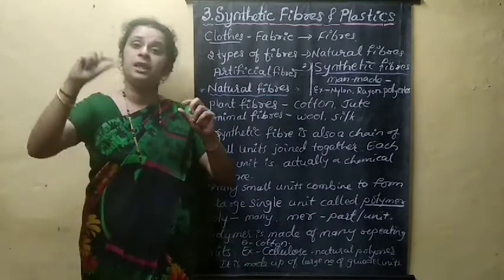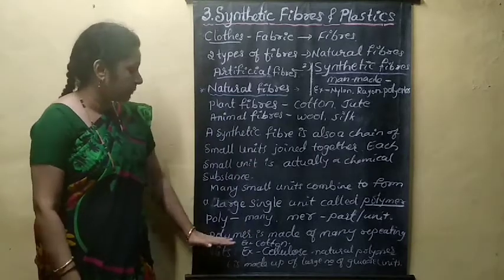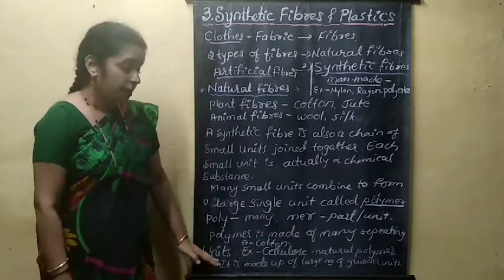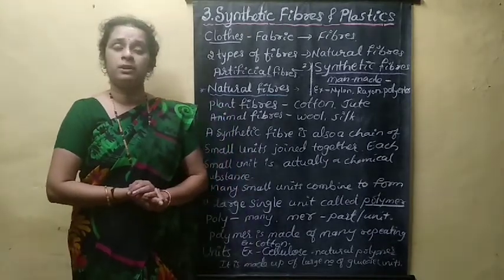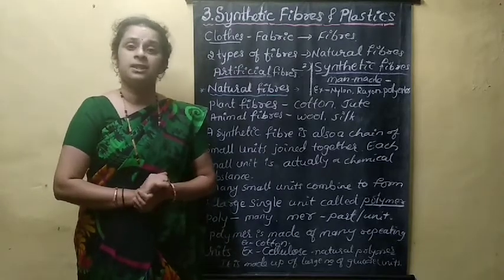The same units will be repeating again and again. Some polymers are natural. Cotton is a polymer made up of an important polymer, that is cellulose.